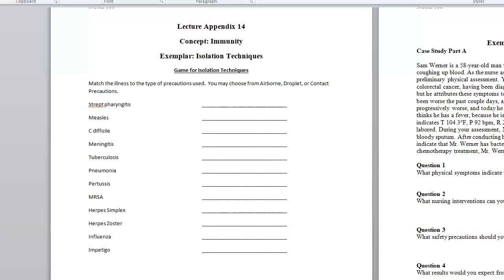Another factor that contributes to the development of these infections is a compromised host. That is, the people in the hospital have defense mechanisms that are decreased or lowered because of their illness itself, or because they maybe just recently had surgery.